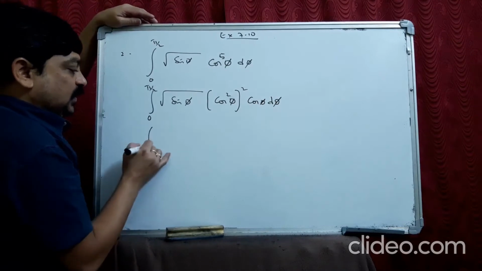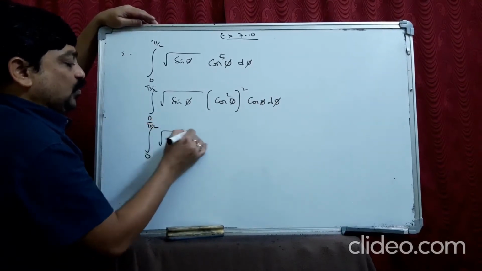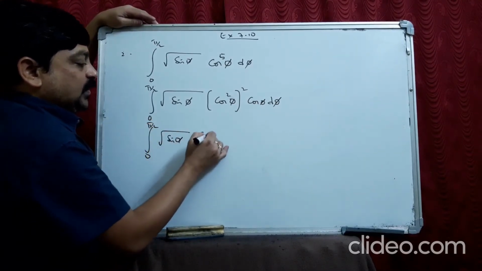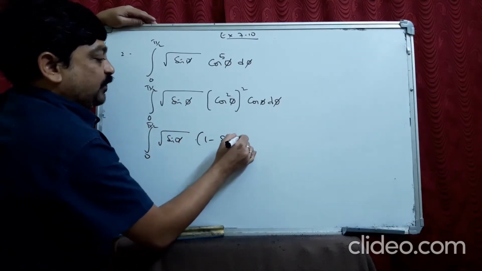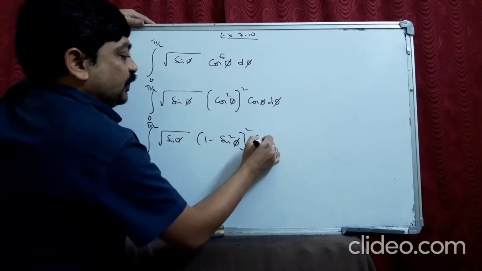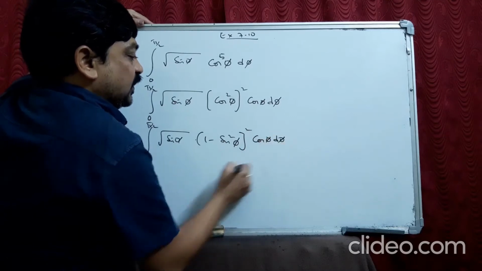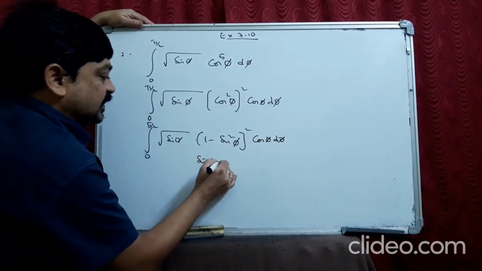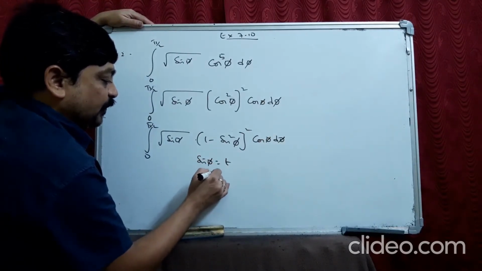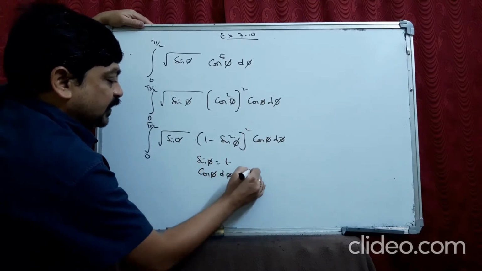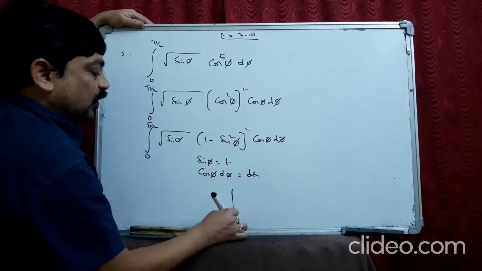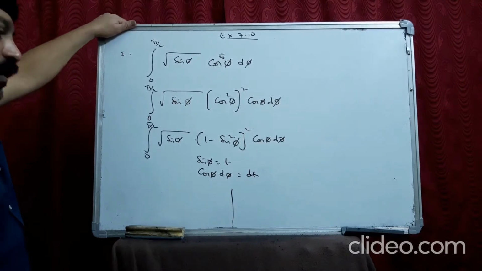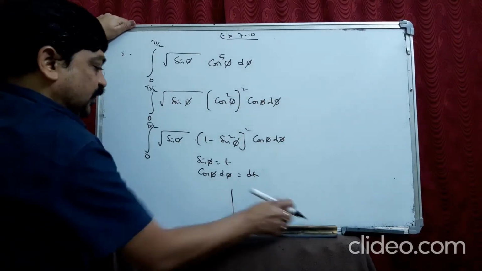So that 0 to pi by 2 root sine phi, this you can write 1 minus sine square phi whole square cos phi d phi. When I take sine phi as t, when you differentiate, cos phi d phi becomes dt. The thing which we should not forget is the limits to be changed.